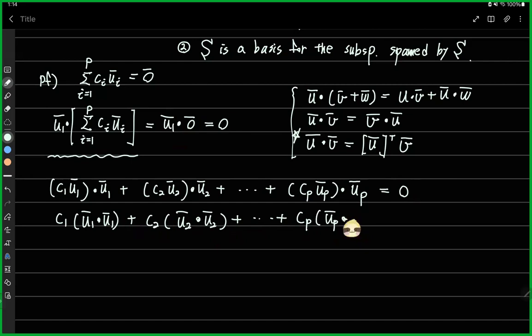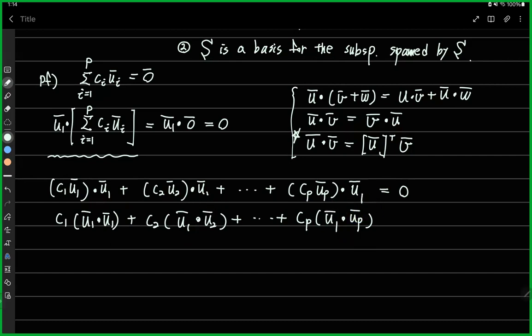Because of the commutative property, we can swap U1 and U2, and so on through U1 and UP. That's why we got this.